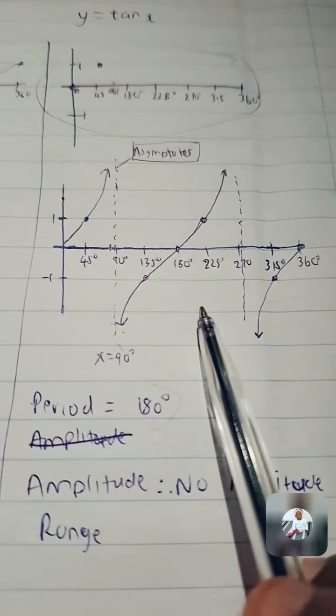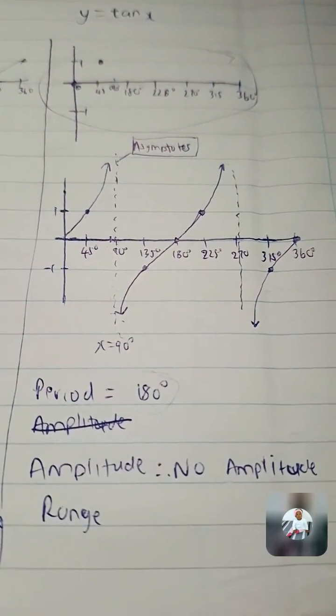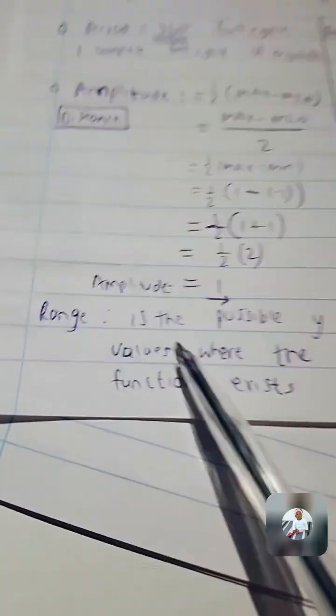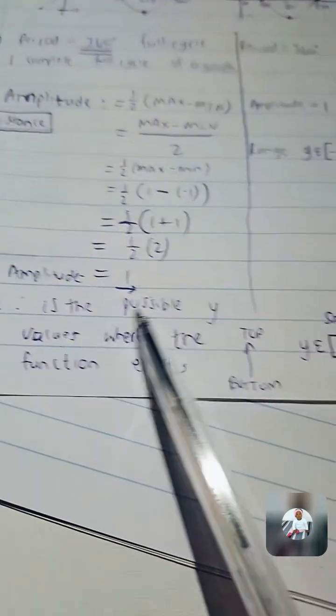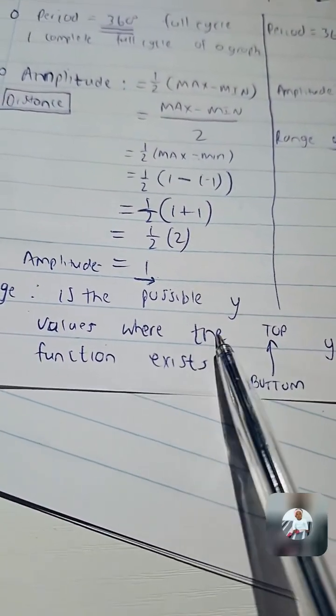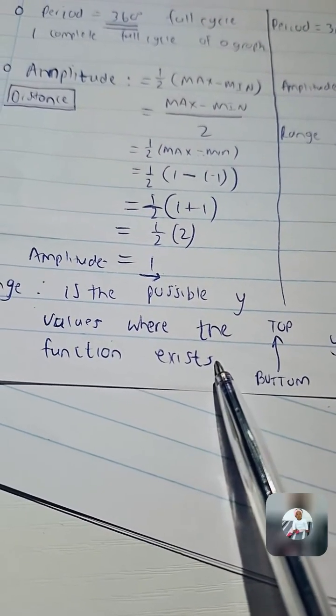Isn't it 90 to 270? Okay, now let's go back to the definition. What is the range? Range is the possible y values where the function exists. Isn't it negative infinity to positive infinity?